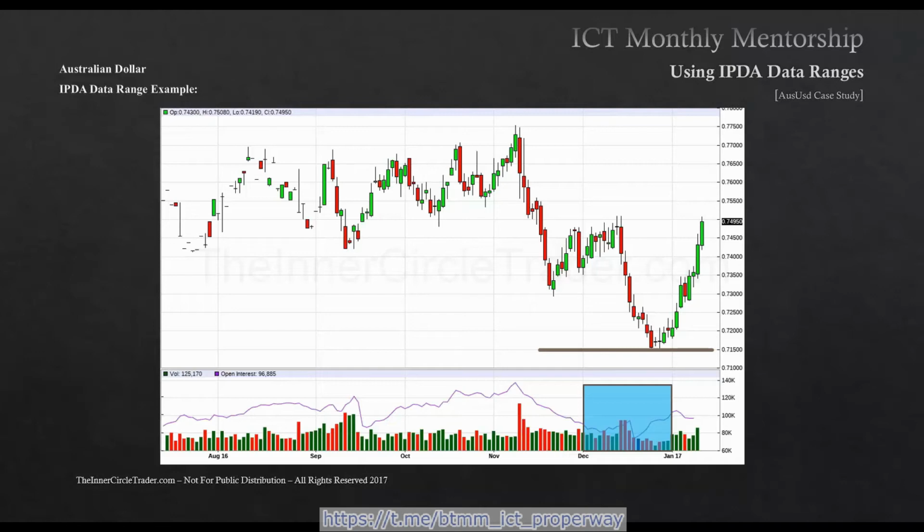Not always, not 100%, because you have all kinds of smaller entities and institutions that could take the other side of other positions. But for the most part, view open interest as every trade that the central bank is providing counterparty to. Basically what a small brokerage firm would do with their own clients, they are the liquidity provider. Well, the central bank is the liquidity provider for Australian dollar.